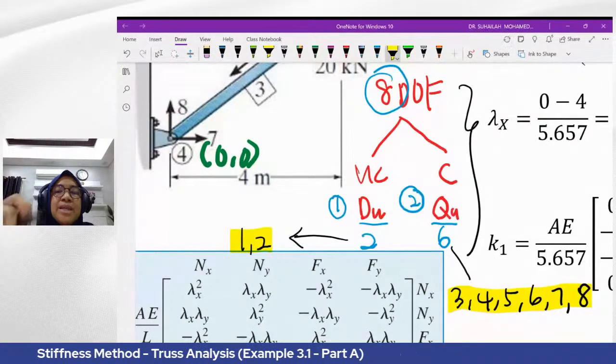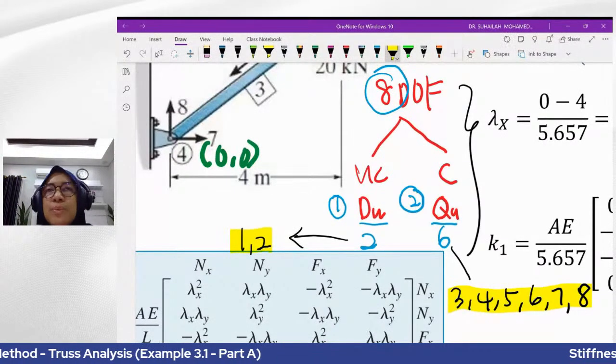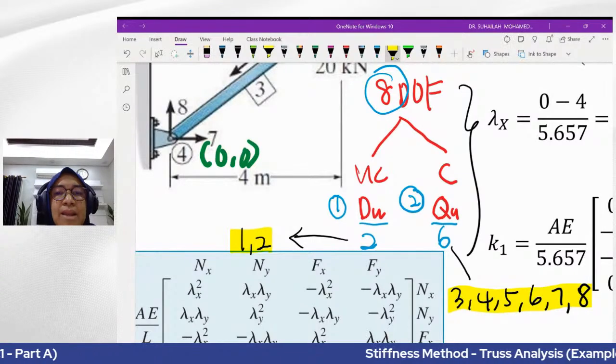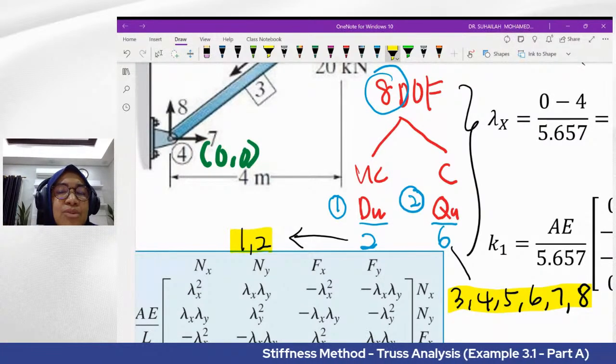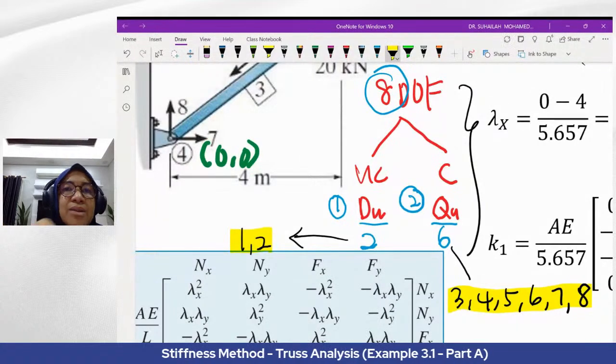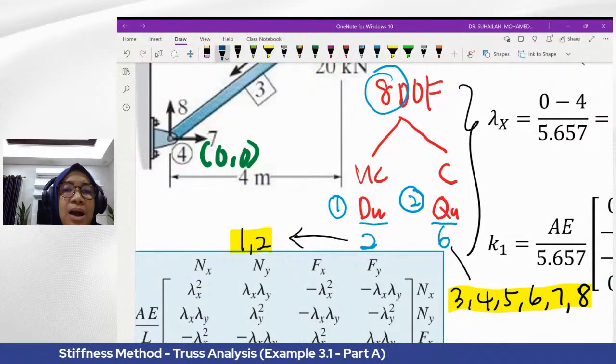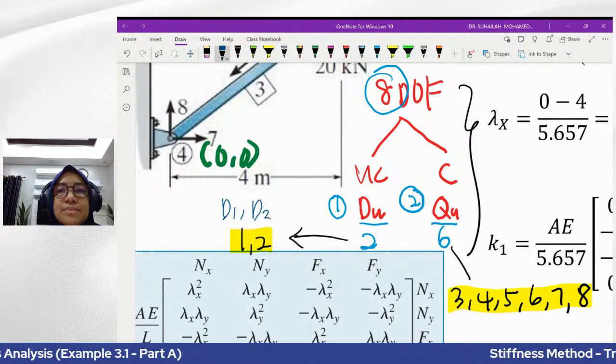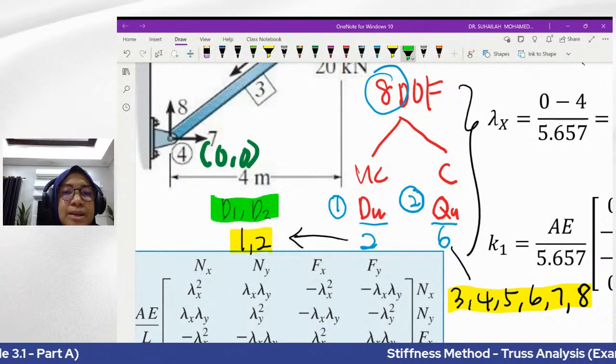Du and Q represent unknown values. This means that in the unconstrained system there are D1 and D2.